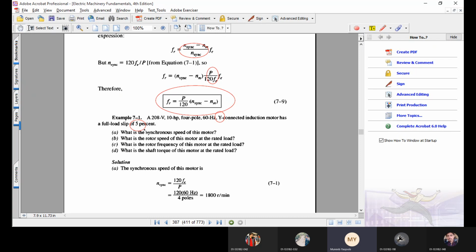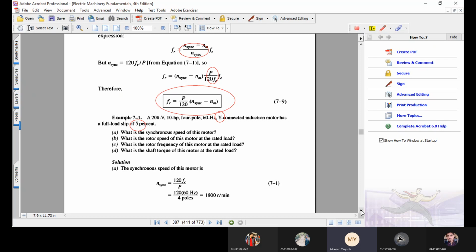Now for part B, they are asking us to calculate the rotor speed. We learned earlier that rotor speed is equal to 1 minus slip times synchronous speed.